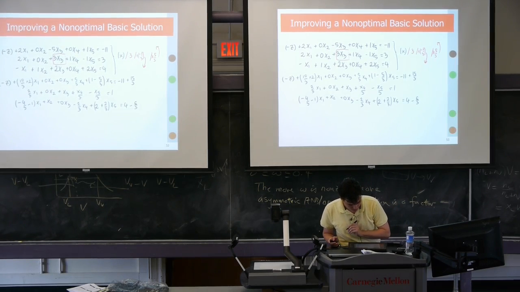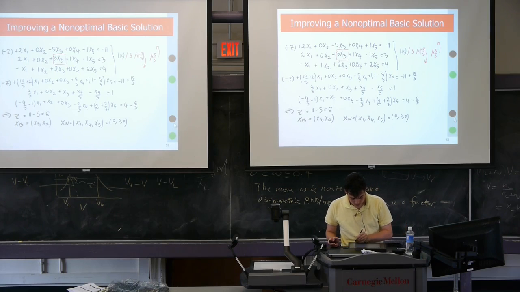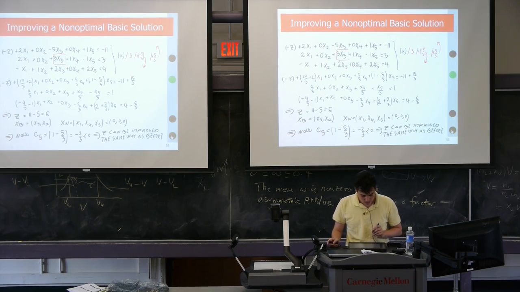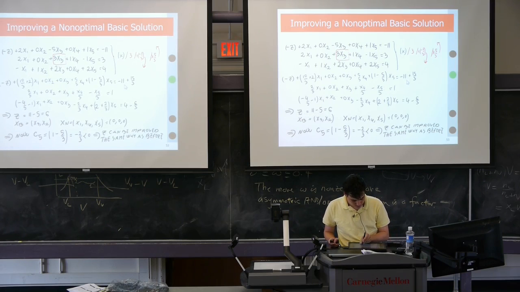Good. Now you can check that x3 came in and x4 went out, and the new value of z will be 6, because it's -11 plus 5.